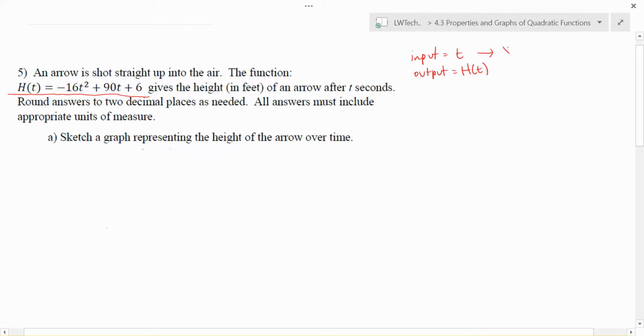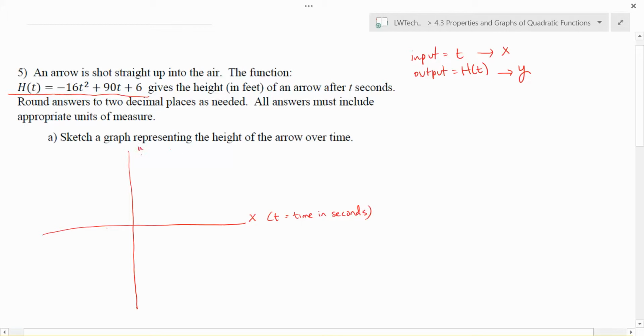Input variables traditionally relate to x, and output variables traditionally relate to y. So if we can use this type of thinking as we sketch the graph and put some labels in, it's really going to make some of this interpretation a lot easier. This is normally the x-axis, so in our case this is going to be t, which is the time measured in seconds.